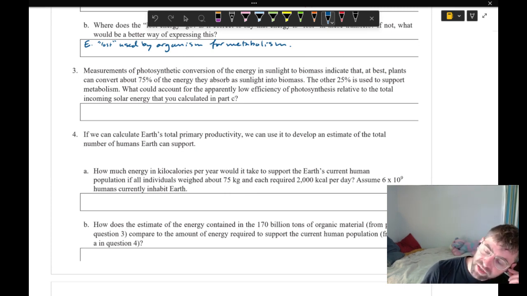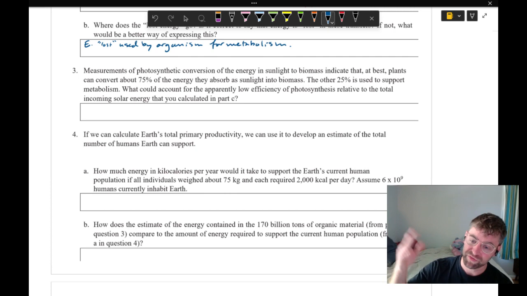So in a previous version of this worksheet, we were actually given the amount of plant biomass produced each year on planet Earth, which we can make rough approximations of using satellite imagery and things like that. And made some pretty direct calculations about the amount of solar energy in joules per meter squared per year that is being turned into plants, because we can sort of approximate the amount of sunlight that we're getting as well.